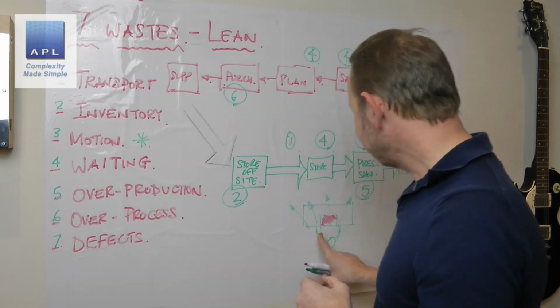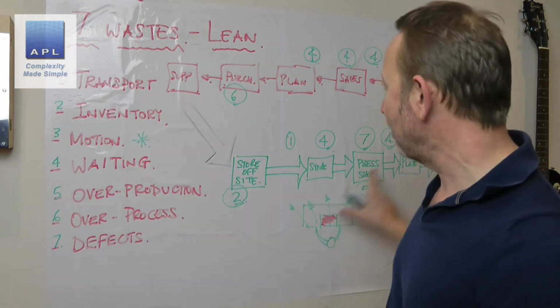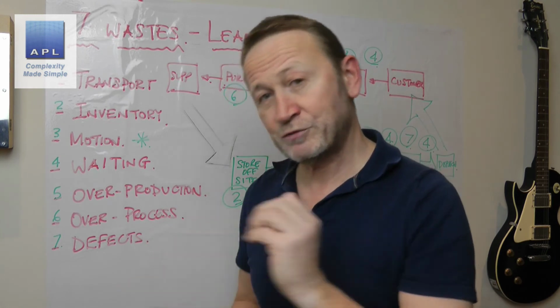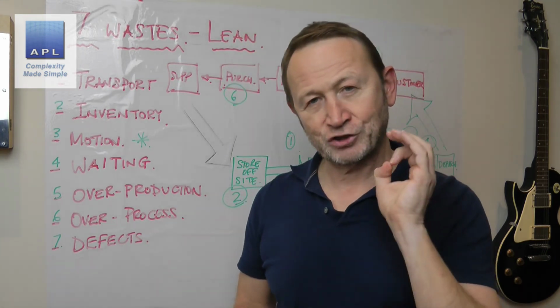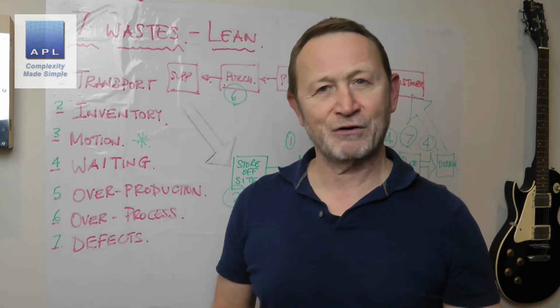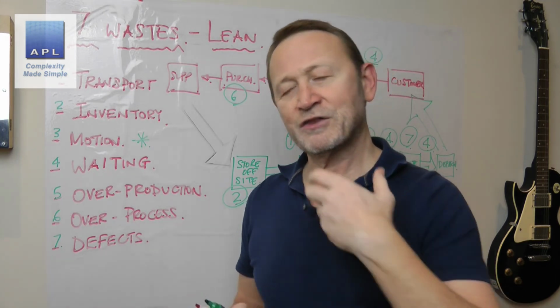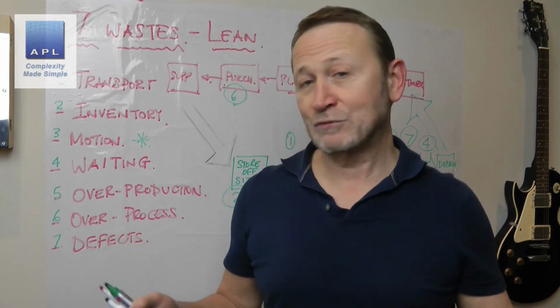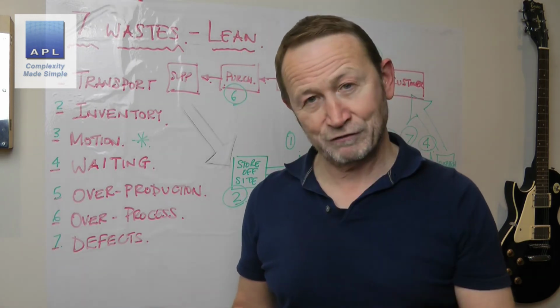So once again, although motion could be about people, you should still be thinking about raw material, because the position of the raw material is what makes people move around a lot and waste an awful lot of time.